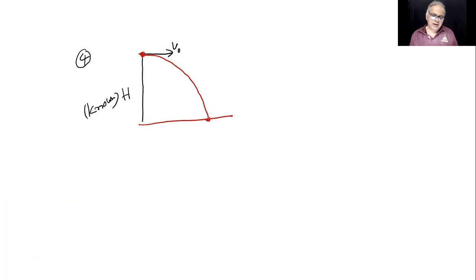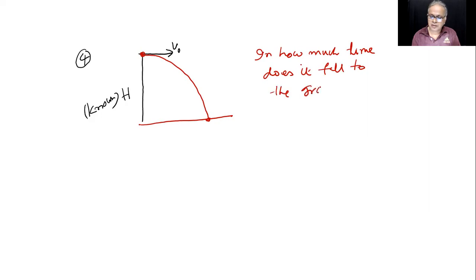Okay. In how much time does it fall to the ground? Now H is known, G is there anyway, constant. We can always think that we know it already.